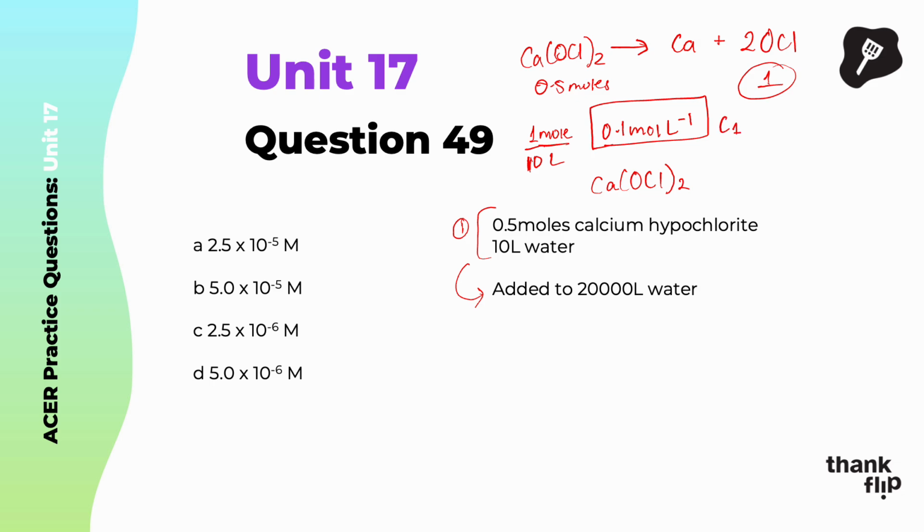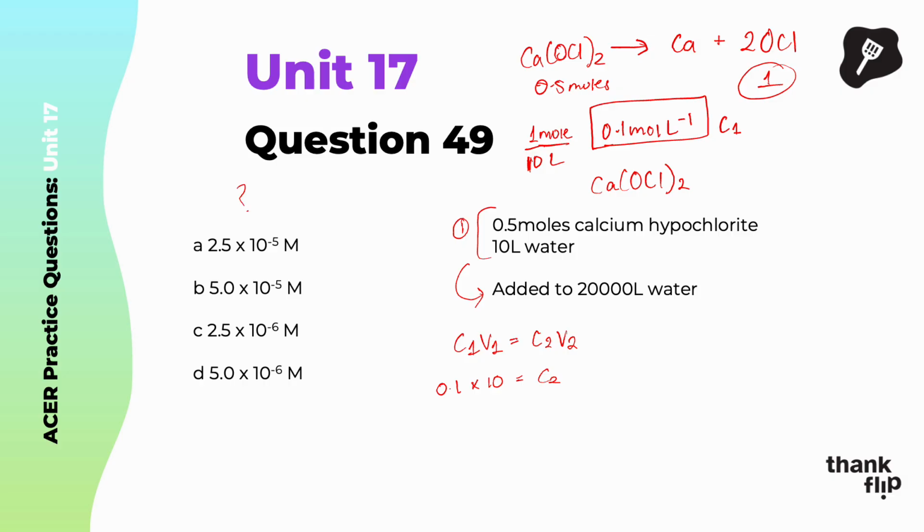We're going to call that C1 because we're going to use the formula C1V1 is equal to C2V2. So C1 is 0.1, V1 is 10 liters, is equal to C2, which we don't know yet. That's what we're looking for.